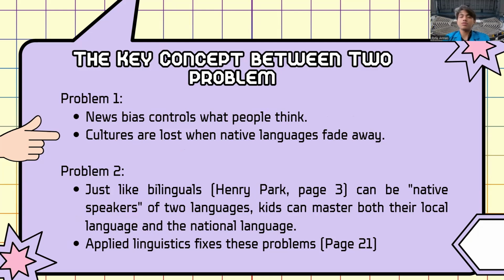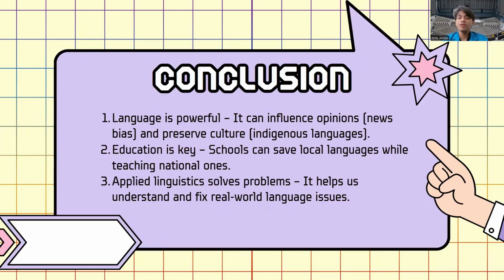So what I'm trying to say is that this may seem different, news bias and language education, but they share one important rule. Applied linguistics can fix this problem, because language is so powerful. It can change the way we think and also protect or maybe destroy our culture.